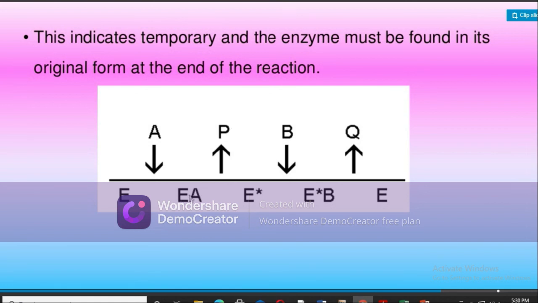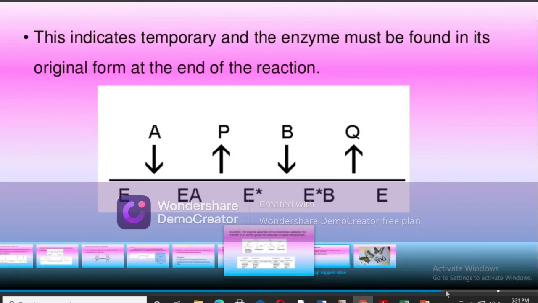Then A is converted to the product P, which must first be released, and you now have your enzyme with some element of A attached. That is why it changed to E asterisk. Do you understand? The E asterisk will now bind to substrate B, and B will take up the component of substrate A from the enzyme and release the product Q. Then you regenerate your E again.